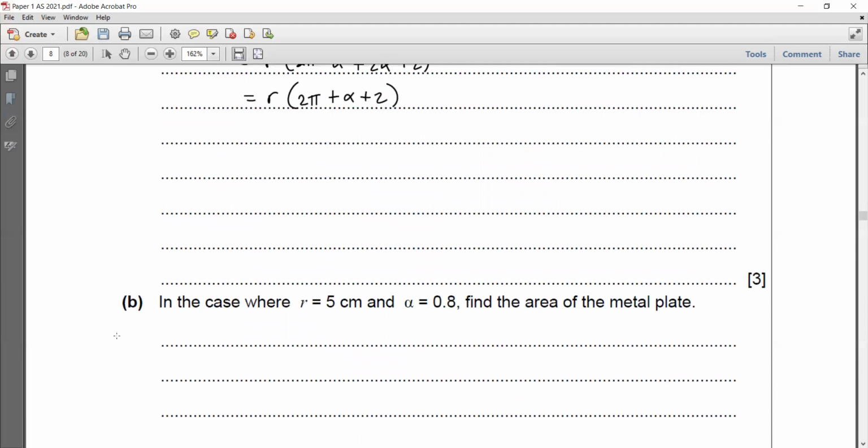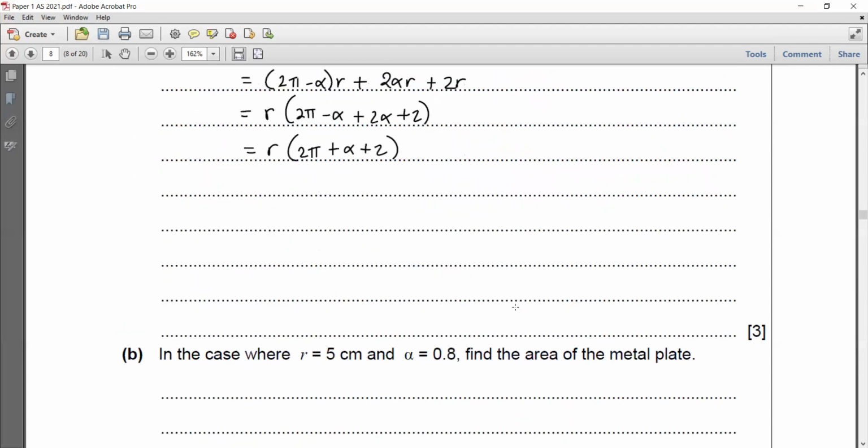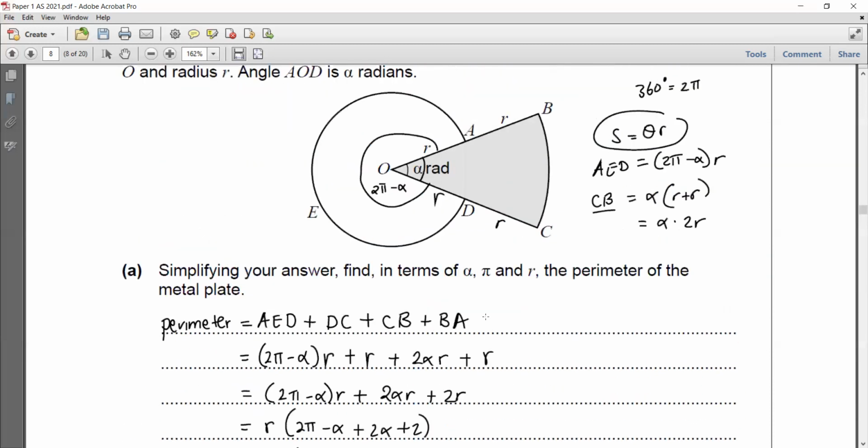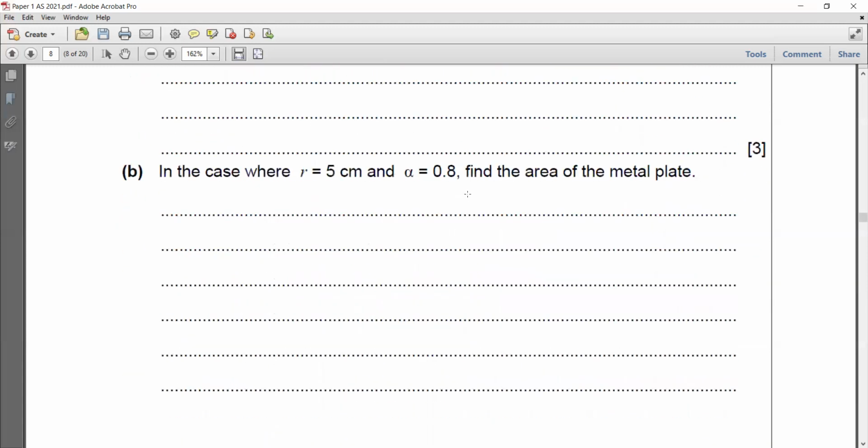Then B, in the case where R is 5 and alpha is 0.8, find the area of the metal plate. Okay, so here what you would do is you would work out the unshaded area and then work out the shaded area, and then you would add them together.